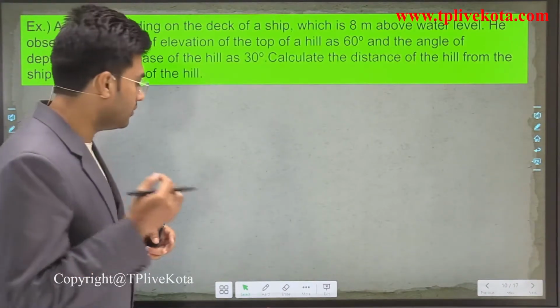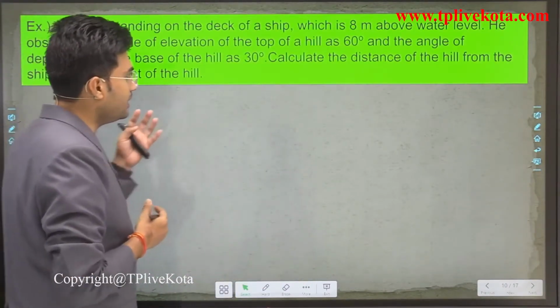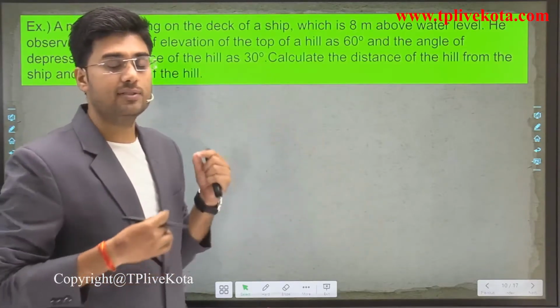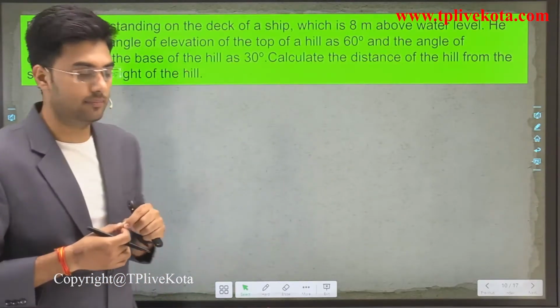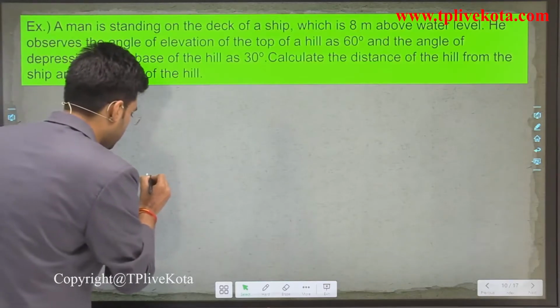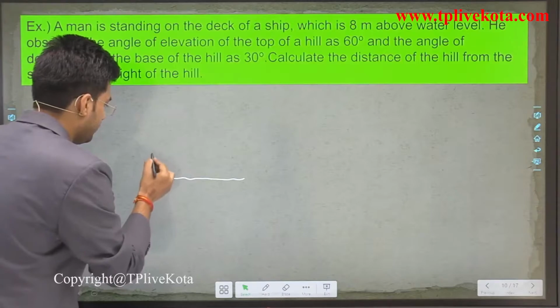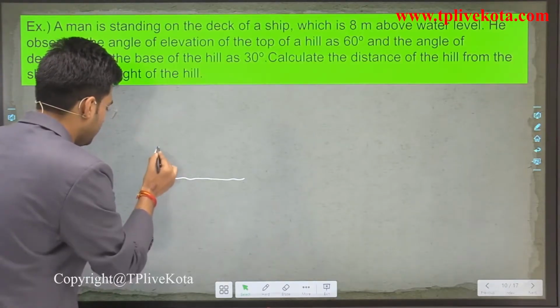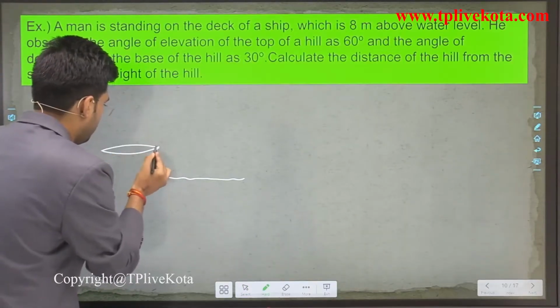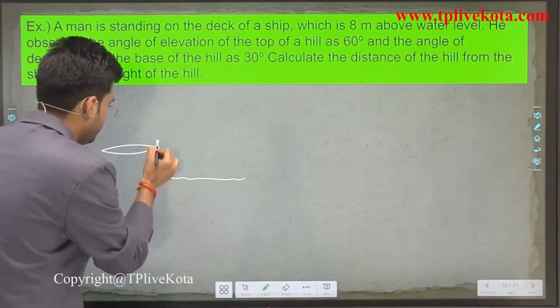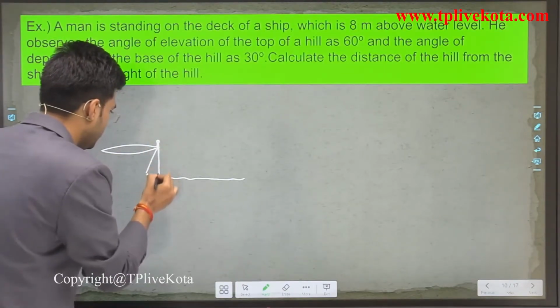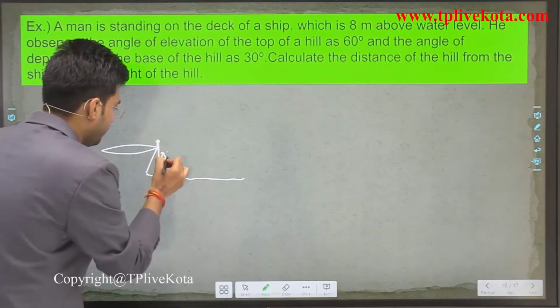Okay, now to solve these types of questions, our first step is to draw the diagram. So let this be the water level. The man is standing here, and this height is 8 meter.